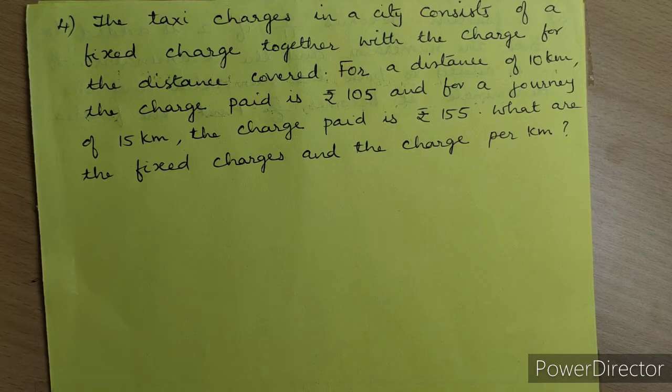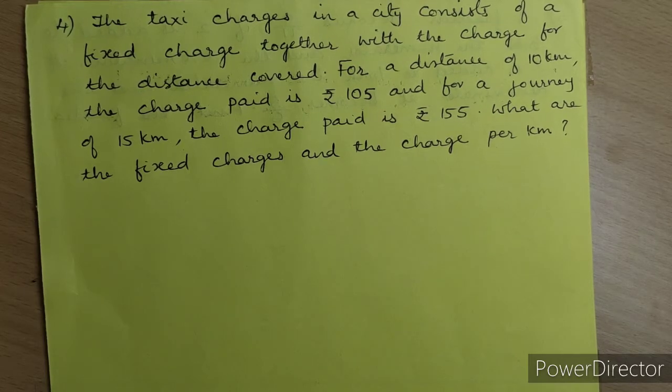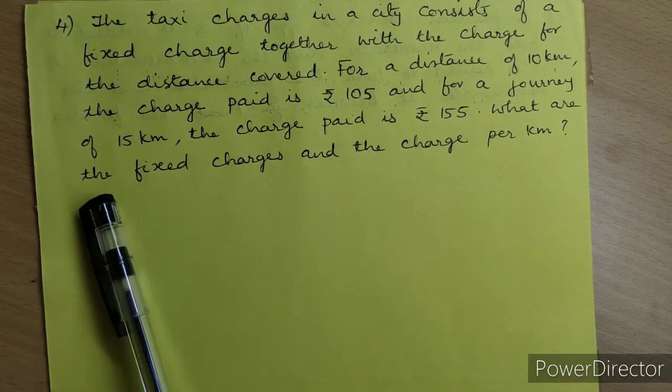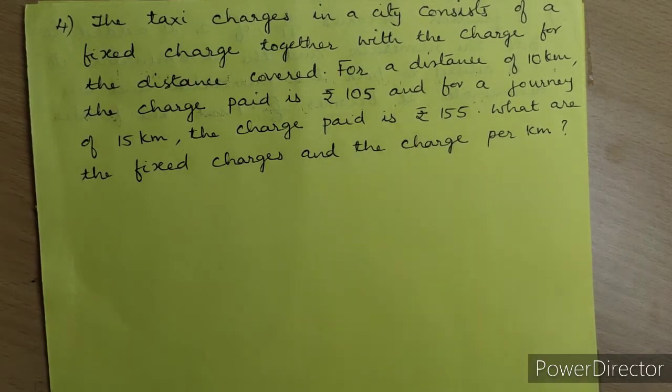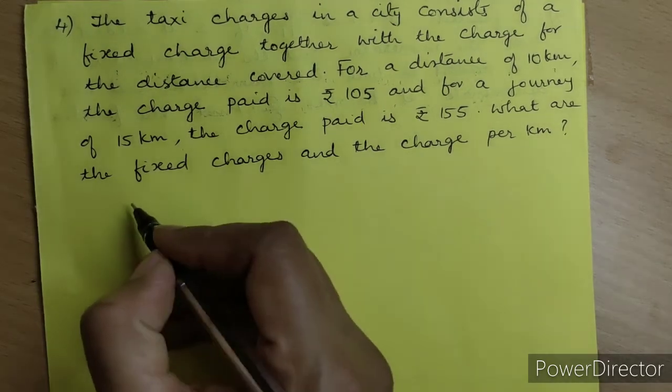What are the fixed charges and the charge per kilometer? So which are the unknowns here? Fixed charge and charge per kilometer. So let the fixed charge be x and cost for each kilometer be y. That will be the first step.